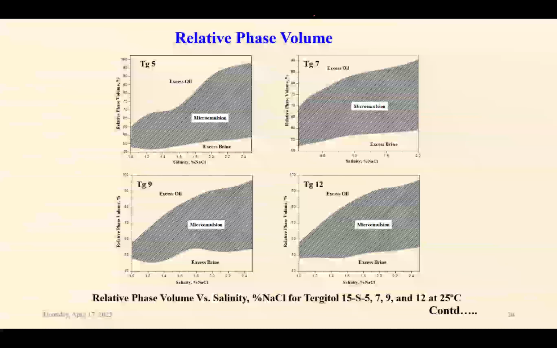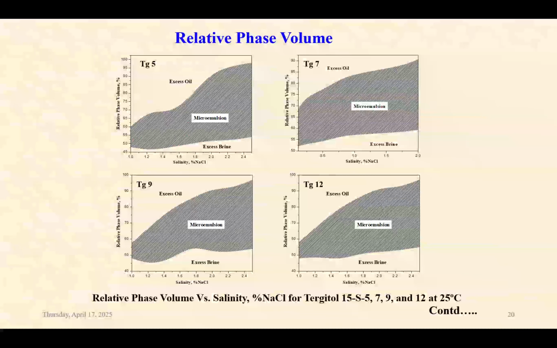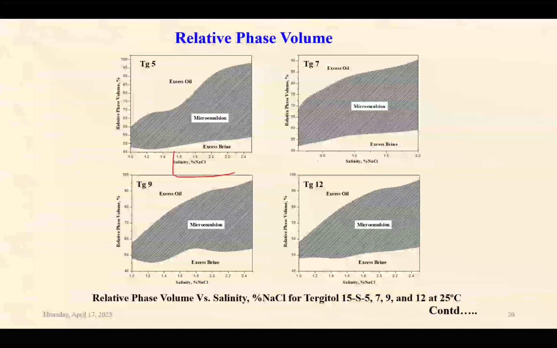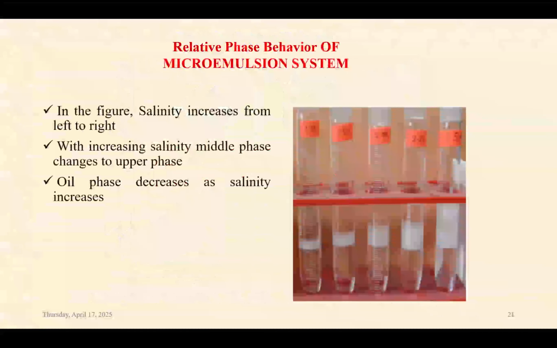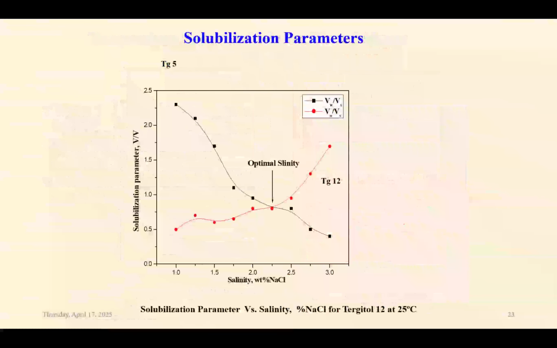Now there are some typical middle phase microemulsions. It depends on many parameters like salinity, temperature, etc. Not going into details. Here you can see a typical study that was conducted in our laboratory. Here it is basically a middle phase microemulsion. And here you can see there are two types of solubilization parameter: the oil solubilization parameter and the water solubilization parameter.